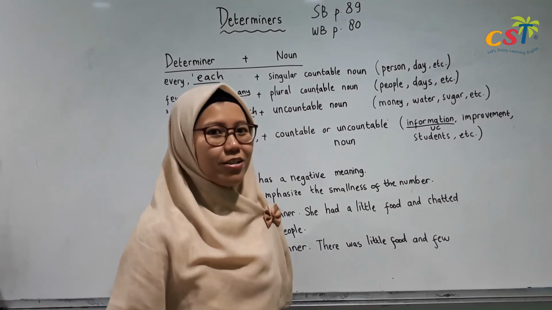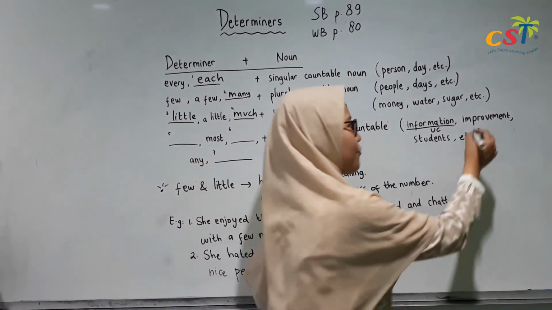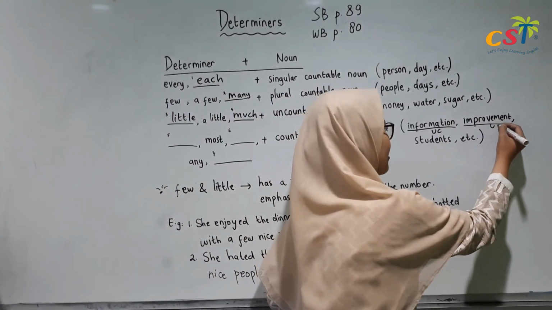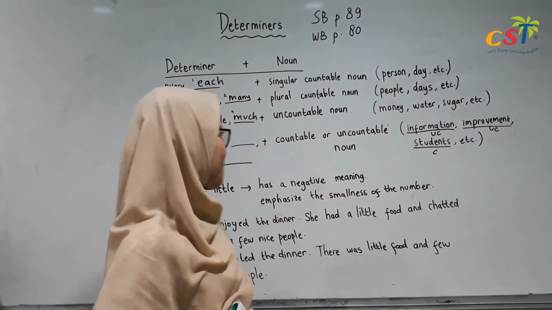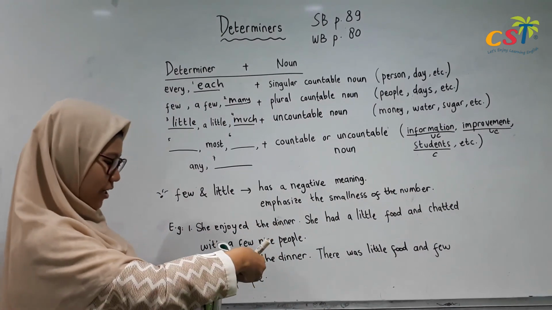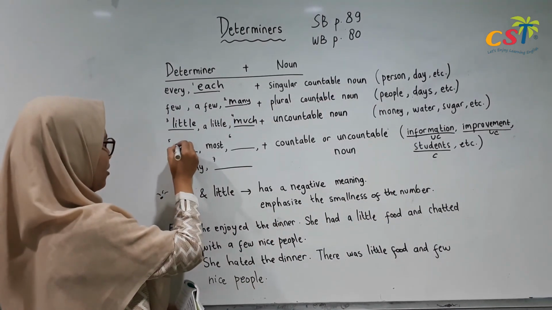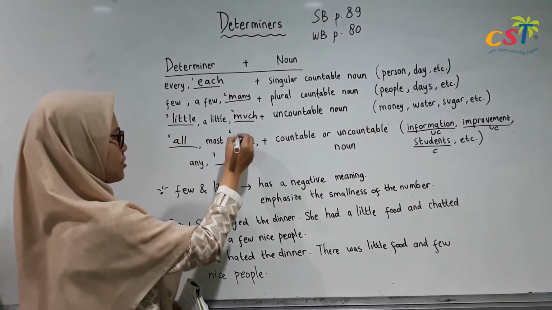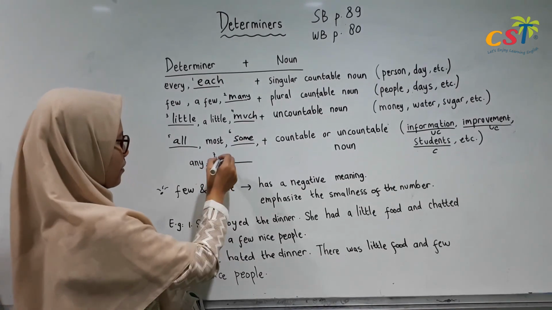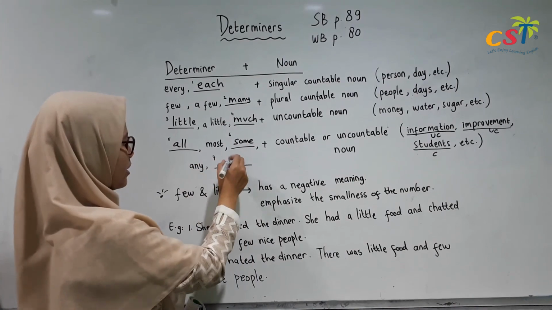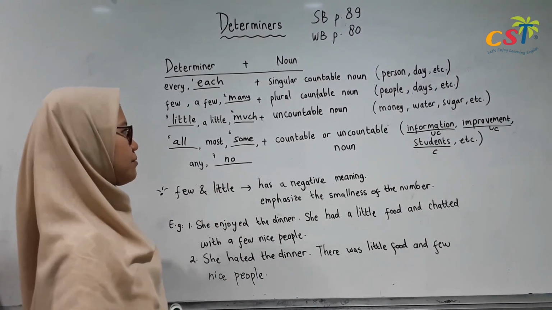You cannot count information, right? Improvement is also uncountable. Students are countable. For this one, you can use all, most, some, any, and no.